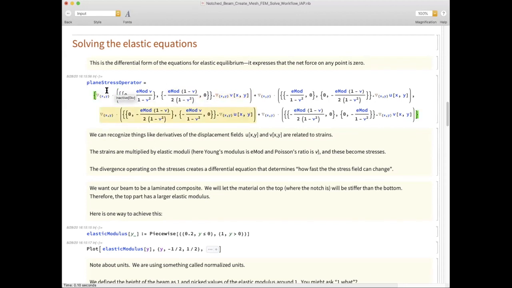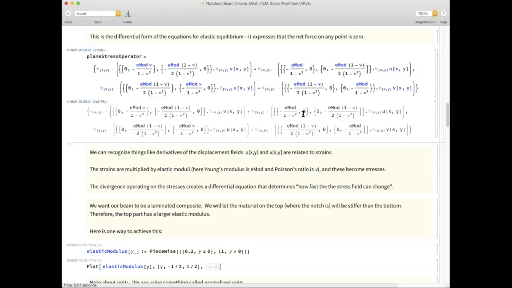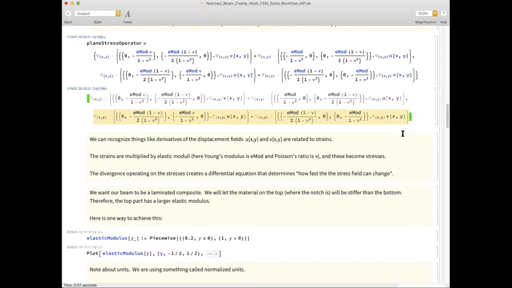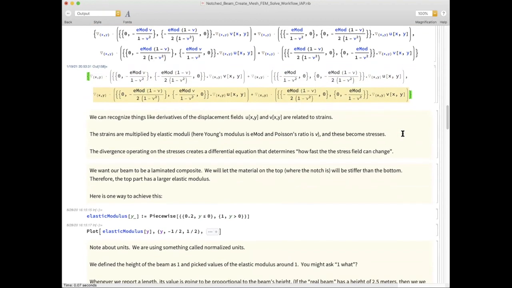And we have in here 4 different terms, right? So there's my plane stress operator, right? So this is my first operator. Oh no, this is 1 for each coordinate. And so we have different derivatives. Okay, so this is the gradient of the strain, or the strain gradient term.